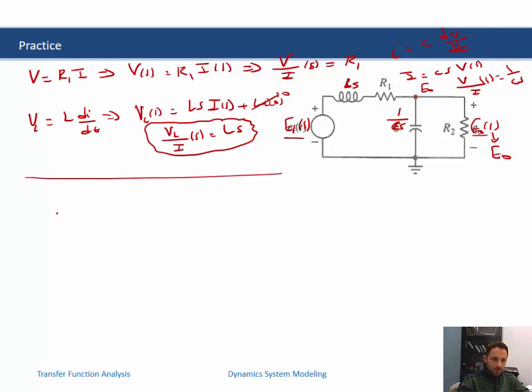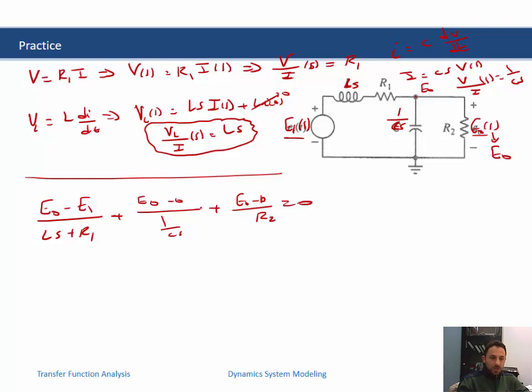okay, E0 minus E1 over Ls plus R1 plus E0 minus ground over 1 over CS plus E0 minus 0 over R2.